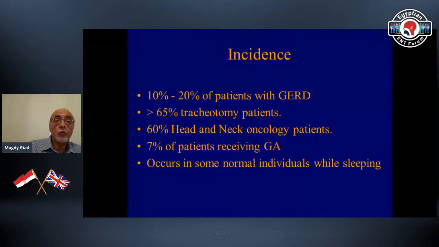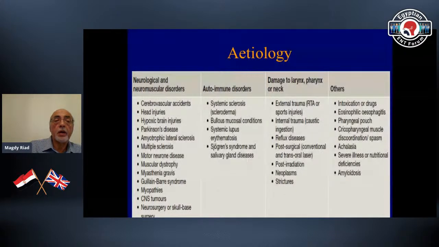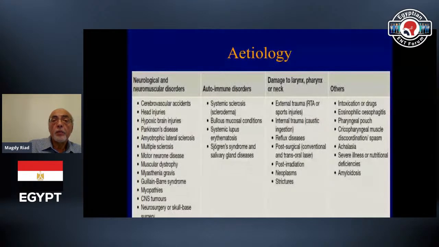These are the groups of patients who would suffer from dysphagia and present with aspiration. We've been through the neurological and neuromuscular disorders, but there are also some autoimmune diseases either in the pharynx or in the esophagus that may affect this as well. But the patients that we see most are patients who suffer from laryngeal or pharyngeal disorders or problems in the neck, like patients who have tumors in there or had radiotherapy or had surgery for it.